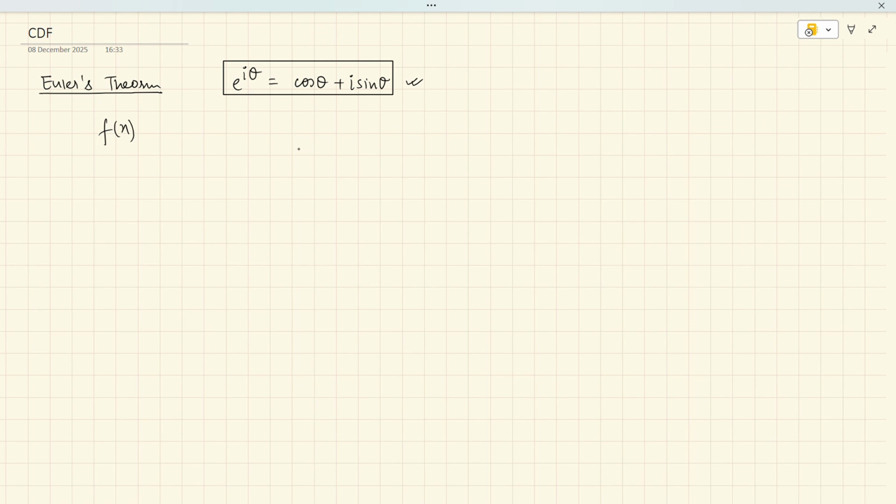If any function f of x is given, you can expand it such that f of x is equal to f of 0 plus f dash 0 x divided by 1 factorial plus f double dash 0 times x squared divided by 2 factorial plus f triple dash 0 x cube divided by 3 factorial and so on. Here f dash is the first derivative of the function f, f double dash is the second derivative, and f triple dash is the third derivative and so on.